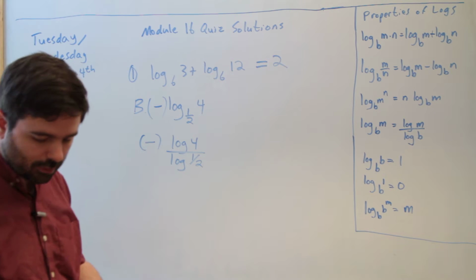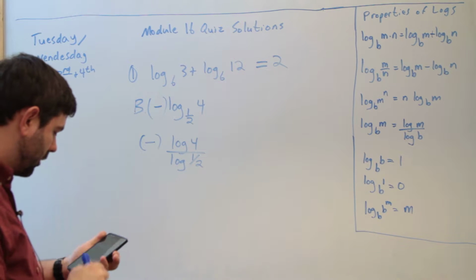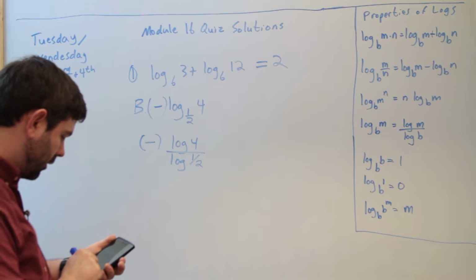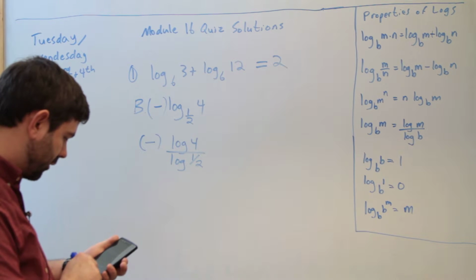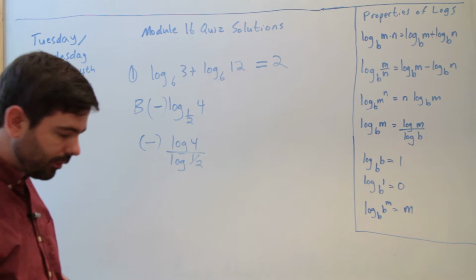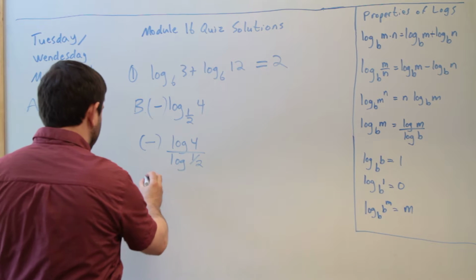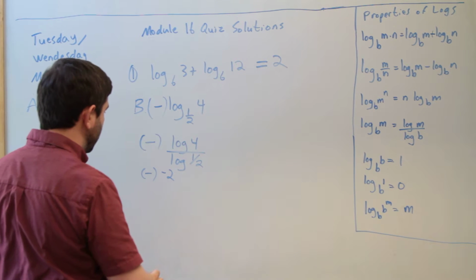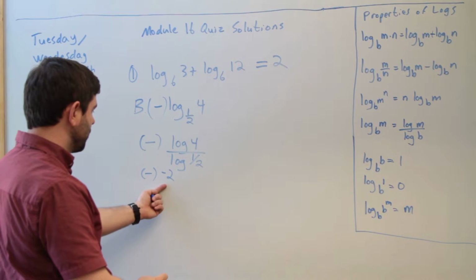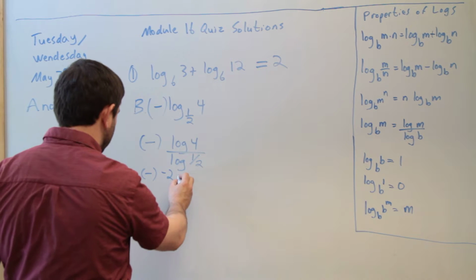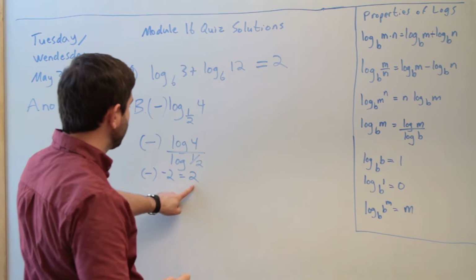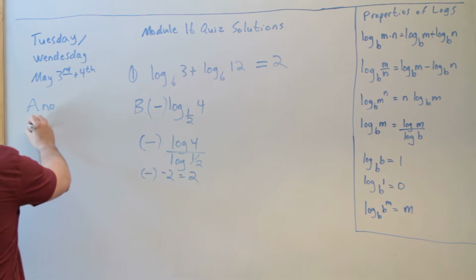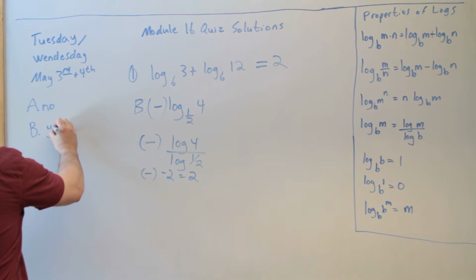We'll use our calculator to evaluate that. We get negative 2. So negative 1 times negative 2 will equal positive 2. Yes, that is equal to our first expression. So B is yes.